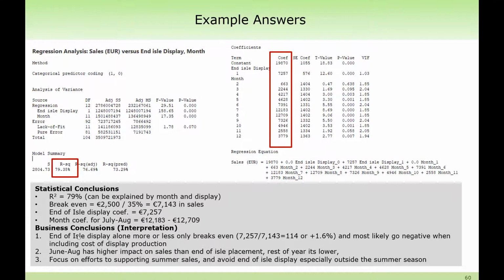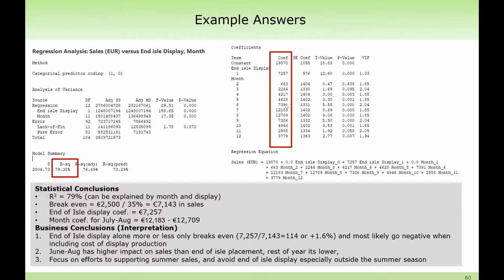So when we look at end-of-aisle display, we can see that it only more or less breaks even. And that's why it is not especially interesting to run, because we don't really earn a lot of profits on running an end-of-aisle display. Now, the other thing we can look at is the month, and you can see the value added to the sales.